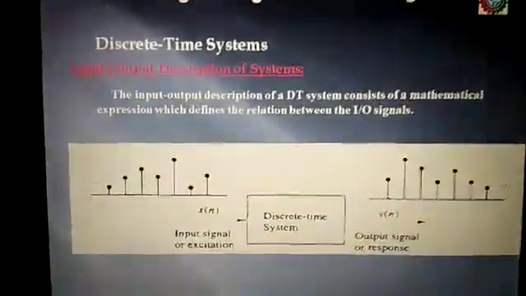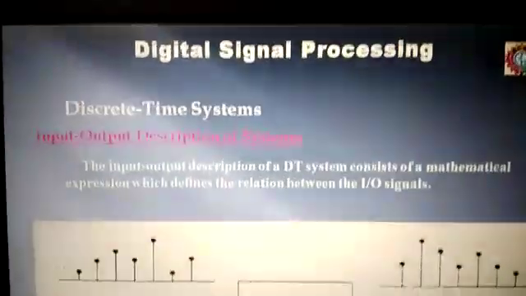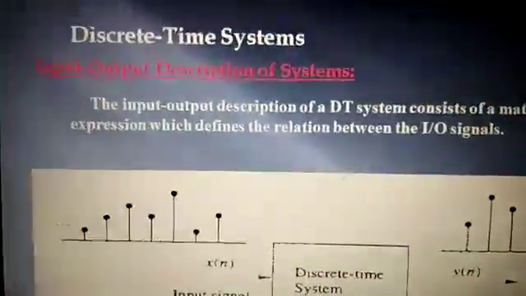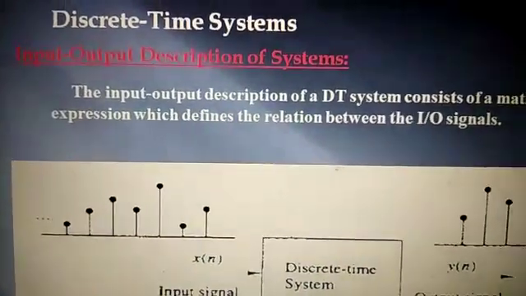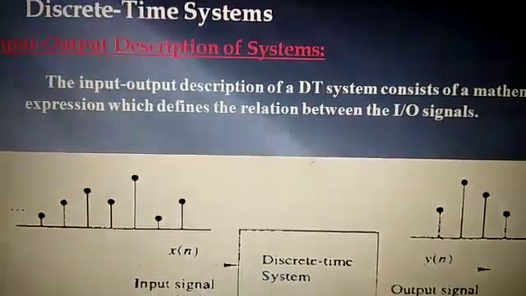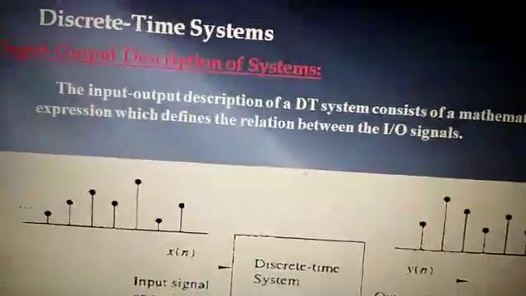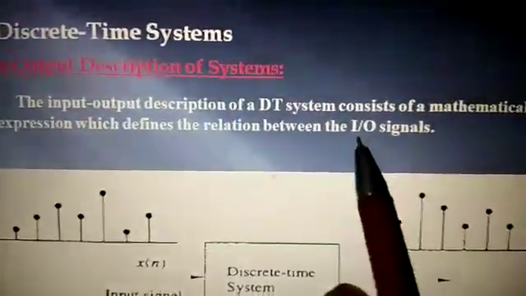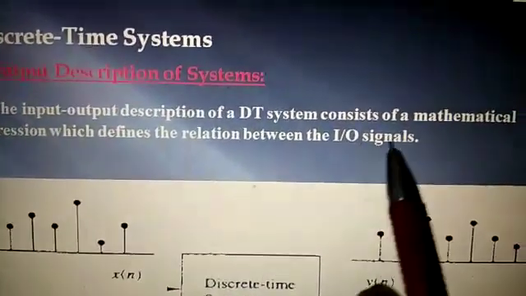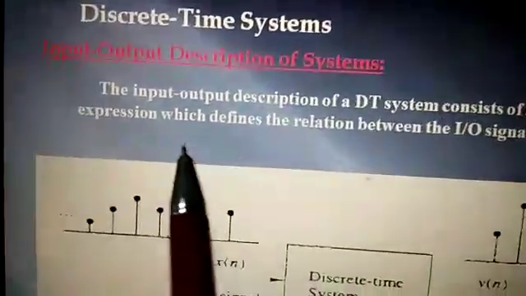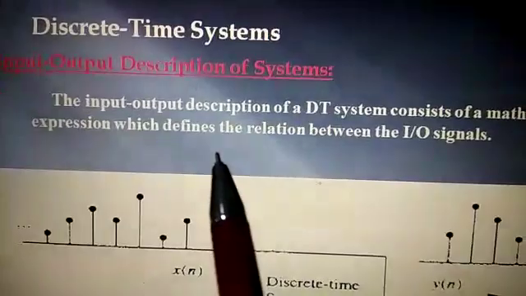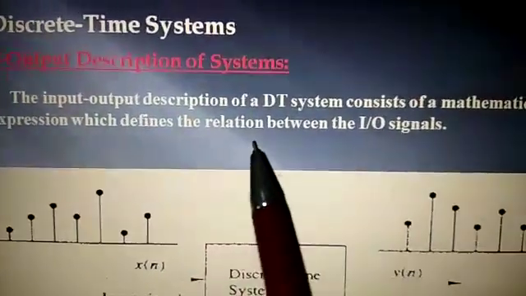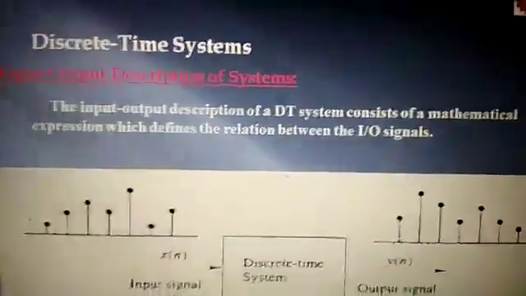Here you can observe, dear students, this is a discrete time system. The input and output description of a systems are given here. The input and output description of a discrete time system consists of a mathematical expression which defines the relation between input-output signals.